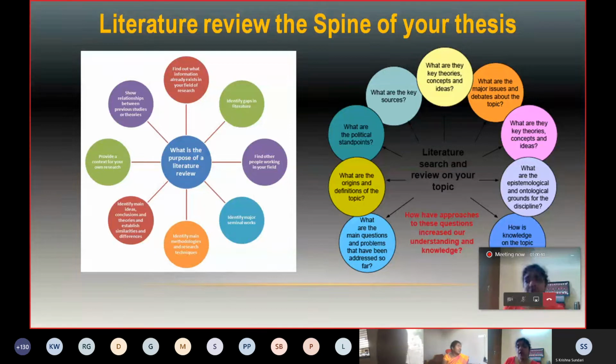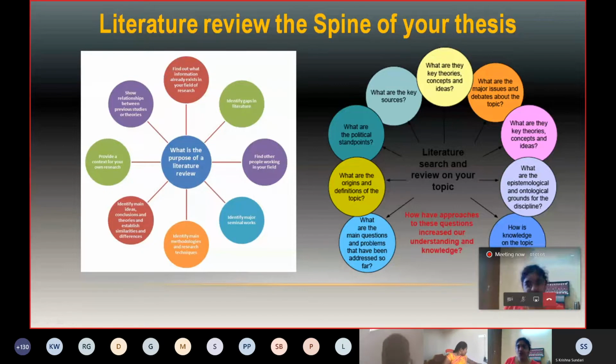Now, like I have said, if you are making a publication, particularly if it is your research thesis, you can consider the literature review as the spine of your thesis. It is very, very important. This infographic shows you the purpose of a literature review.